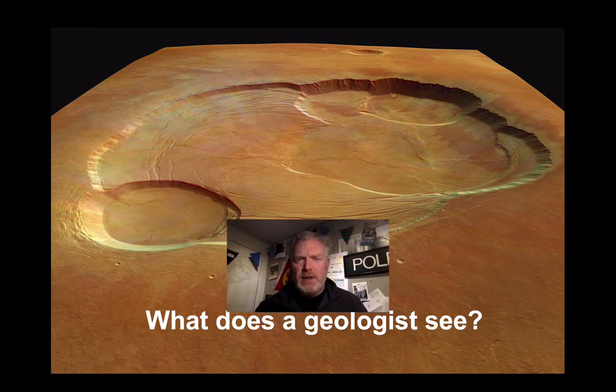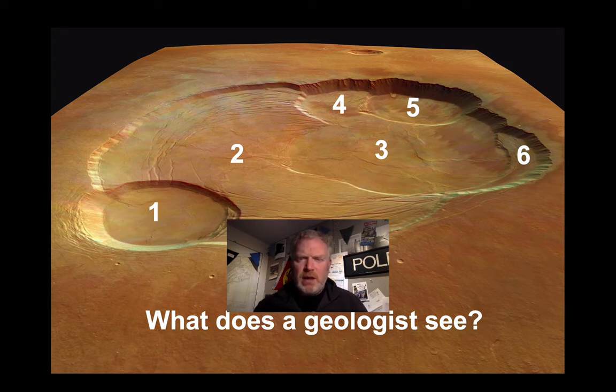When I look at this, I see a number of craters. Six in total. Now, each of these sort of cut across each other, and there's some interesting features in them.